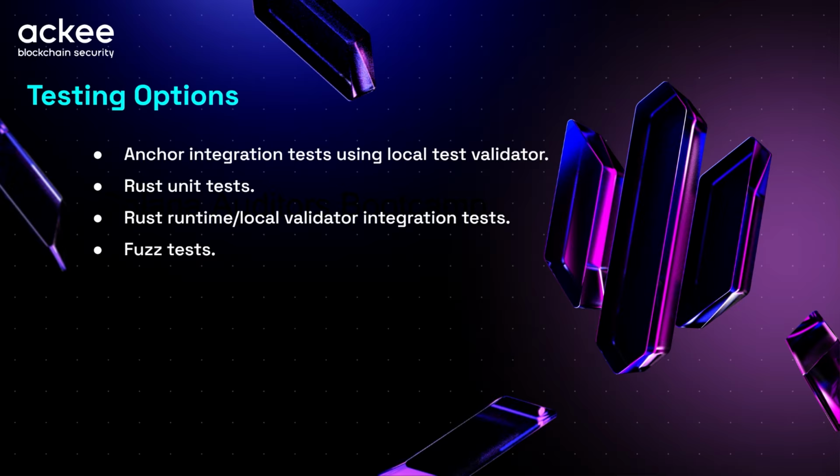It is faster to run the tests, but maybe some features of the blockchain are not available, and some operations with blocks and slots do not work as in a real validator. But usually it is quite sufficient. Or you can use a local validator for the integration tests. There is a Rust crate directly from Solana that you can use.